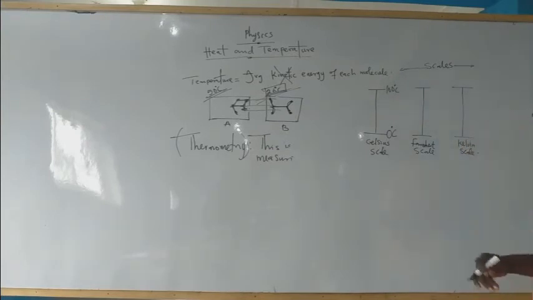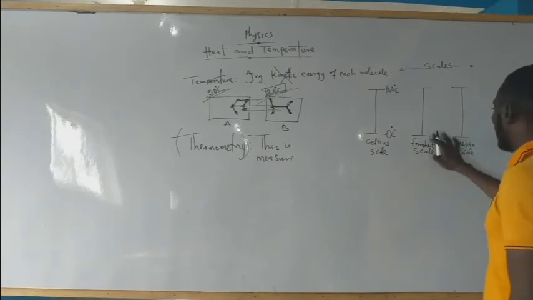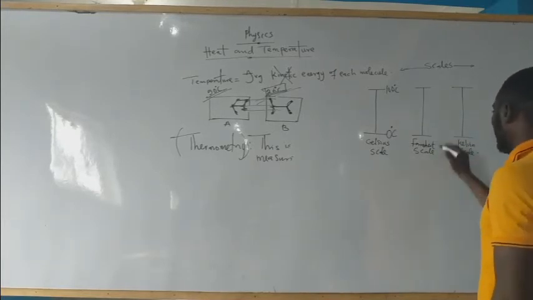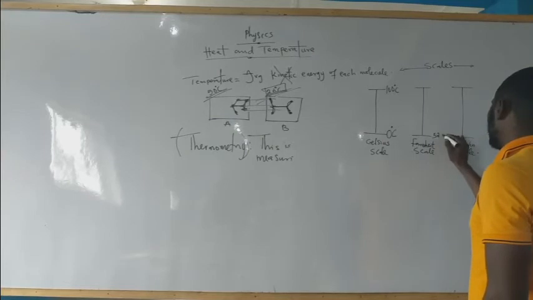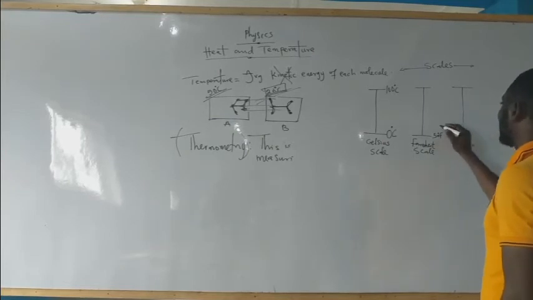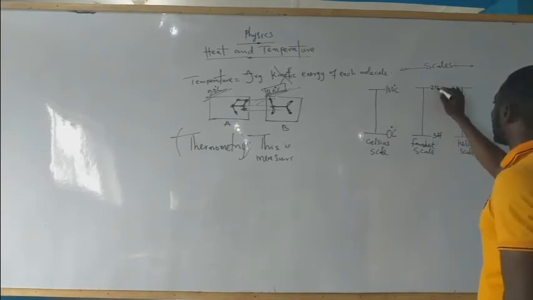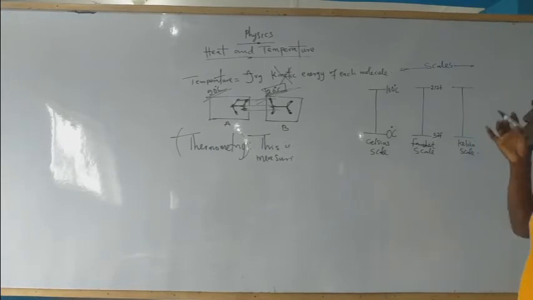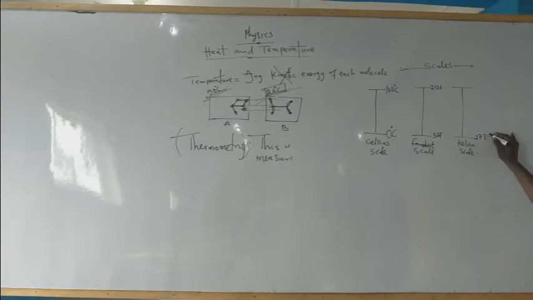On the Fahrenheit scale, this is 32 Fahrenheit to 212 Fahrenheit. Okay? This is 273.15 Kelvin to 373.15 Kelvin.